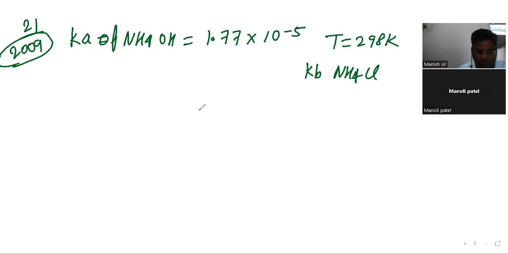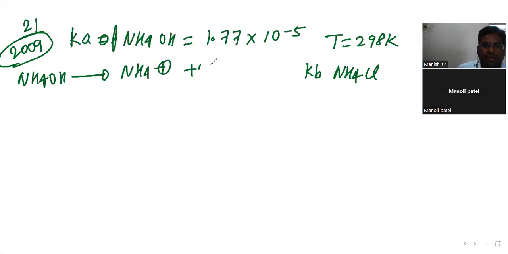So see how you can calculate. This is very important and learn about it. The ammonium hydroxide equilibrium constant is given, and when it dissociates it forms NH4 plus and OH minus, right?